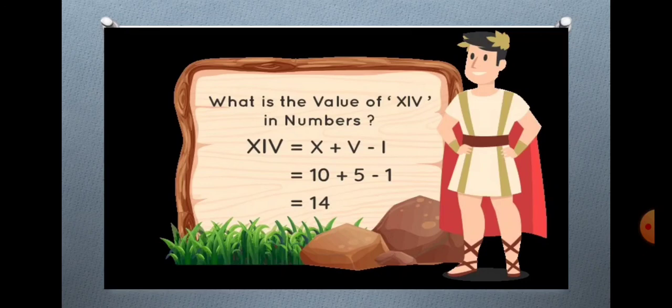What does this symbol stand for? X plus V minus I. X is 10 and V is a greater number, so we always subtract I in front of it. So that means X plus V minus I: 10 plus 5 minus 1, which is equal to 14.